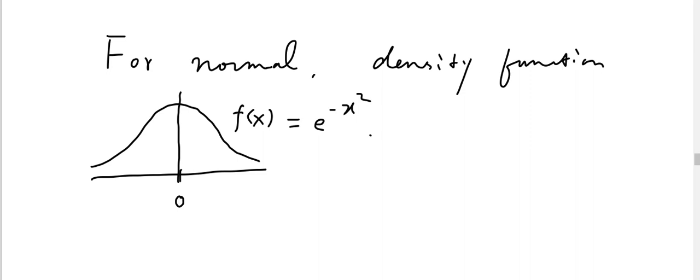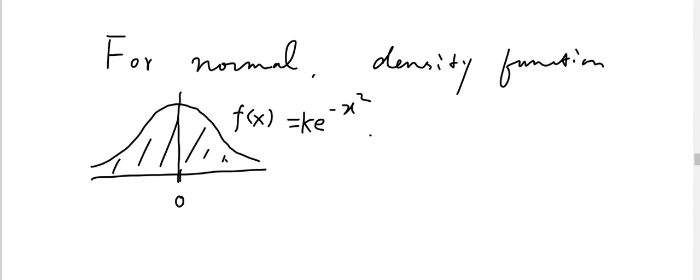But here we cannot guarantee that the total probability is 1, so we need some coefficients to make sure the total probability is 1. We can also put some coefficients in the exponent, like x squared over some number.